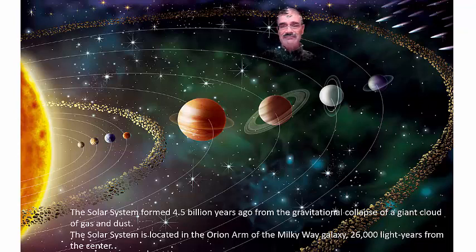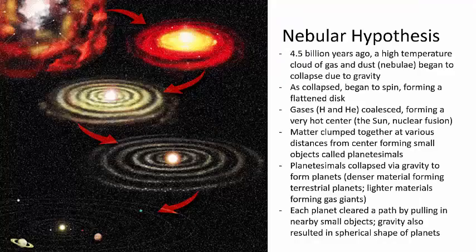Again, to give you some idea of the distances we're talking about, it would take light 26,000 years to travel from the center of our own Milky Way galaxy to us here on planet Earth, or to our sun. Tremendous distances.